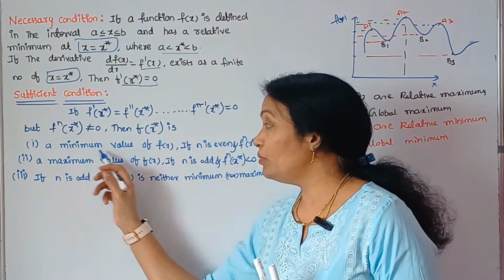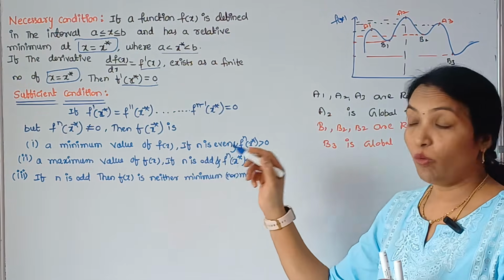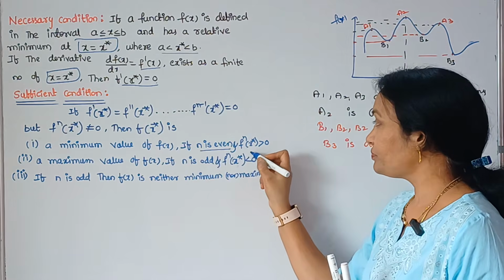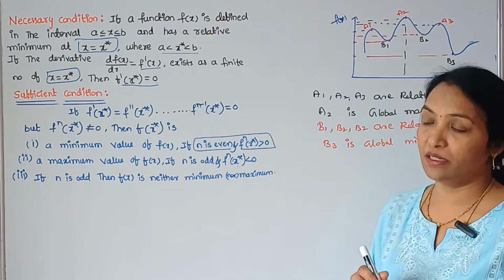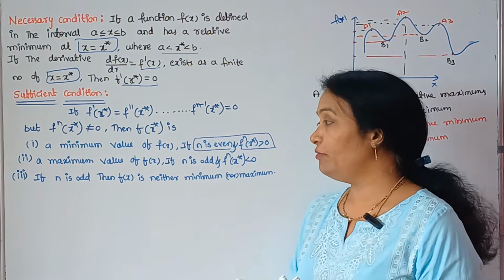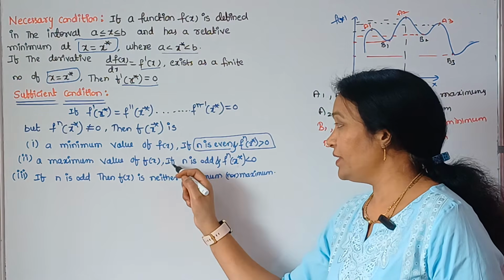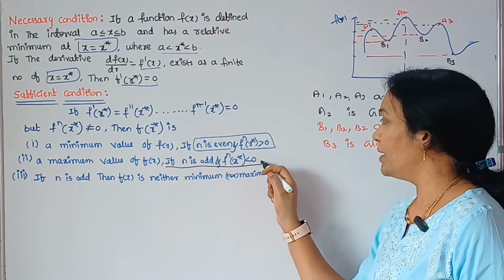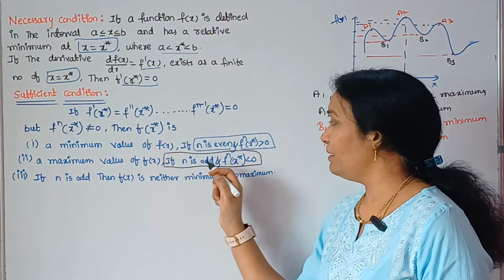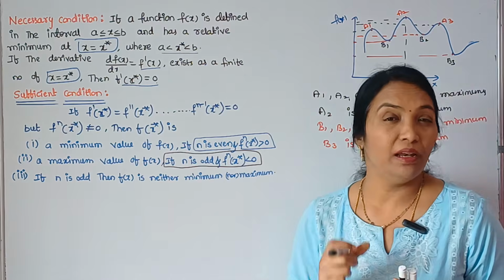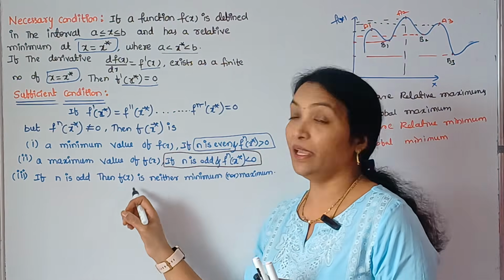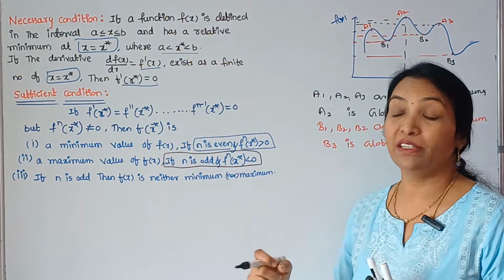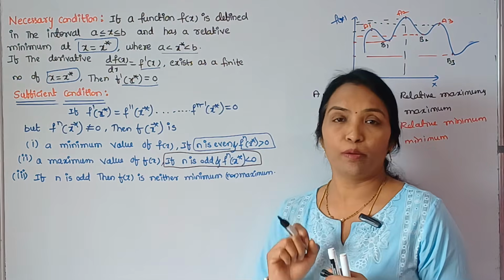One is a minimum value of f of x if n is even and f power n of x star is greater than 0. A maximum value of f of x if n is even and f power n of x star is less than 0. And if n is odd, then we can say that f of x is neither minimum nor maximum.